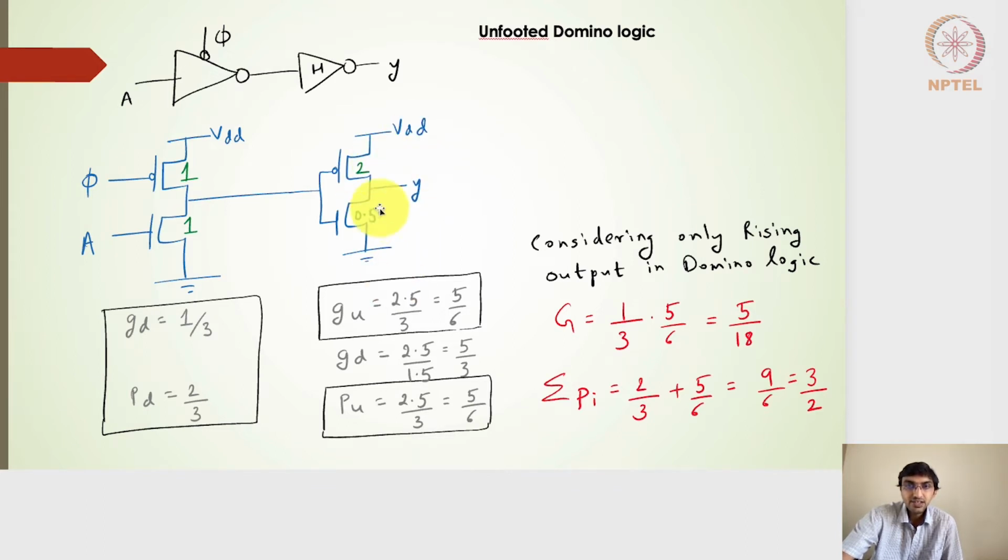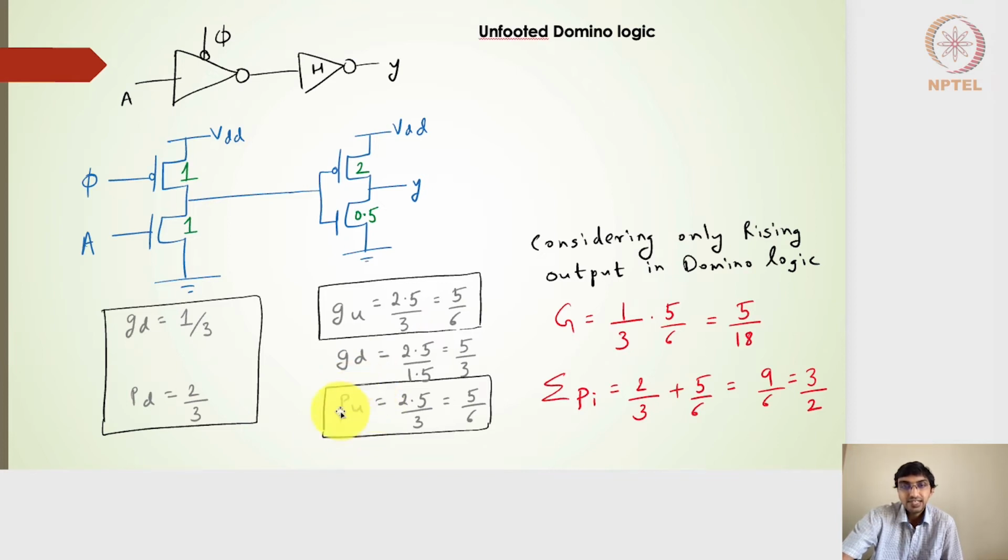Now, what should be the logical effort and then the parasitics for the rising up signal? So that is what GU represents. GU is nothing but the input capacitance at the input side of this particular high skew inverter, which will be 2 plus 0.5. The benchmark inverter in this case, it is a rising output, so it will be 2:1. So we will have the input capacitance as 3 for the benchmark inverter, and the GU value turns out to be 5 by 6.